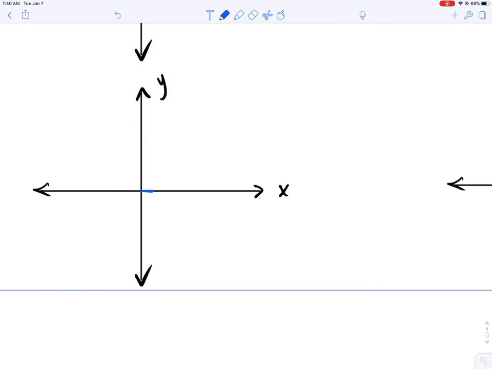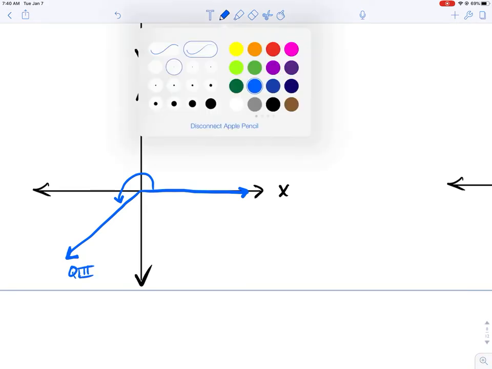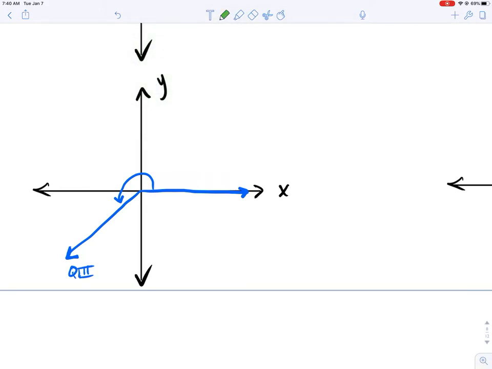An angle that terminates in quadrant 3. Okay, so in quadrant 3, the reference angle would come off of the horizontal axis towards the terminating side. So this would end up being theta ref. Oops, I forgot to label theta.